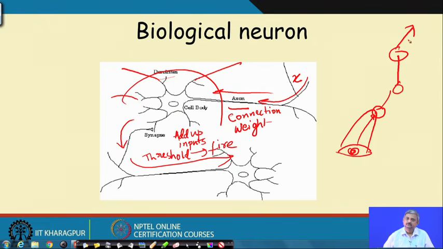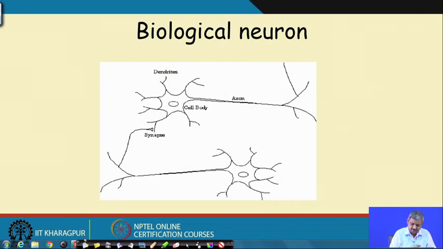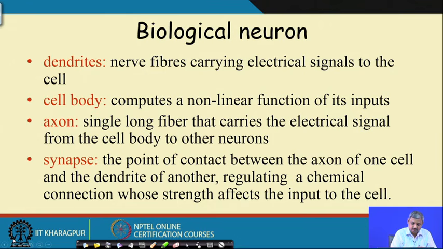There are many more complications in this, I am only giving a simplified view, it is much more complex, but this is the broad picture. As I have said, these are dendrons, cell body, axons, and synapses where they connect to each other. They carry electrical signals in a nonlinear way and affect the next level.